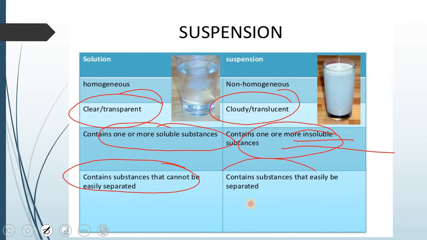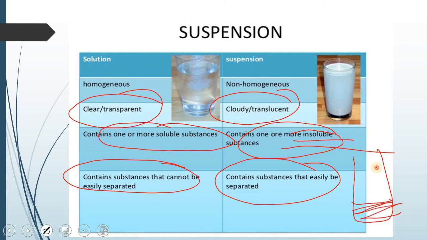But if you have a suspension, for example mud and water, you can filter it using a conical flask and filter paper. You just pour it in, and you separate the mud and the water in the beaker. So it's easy to separate the suspension.